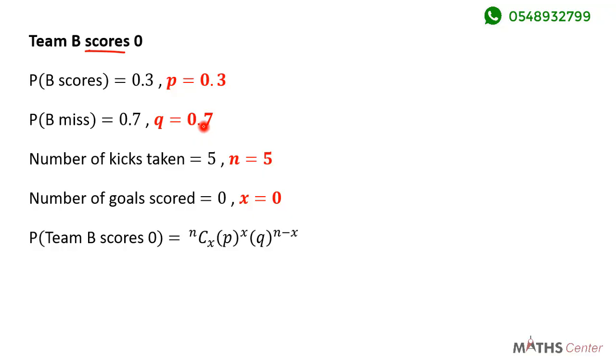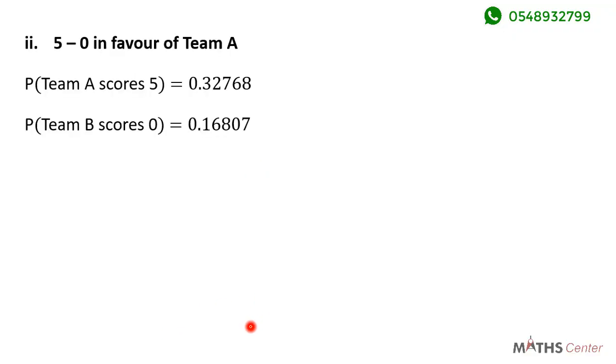So q is equal to 0.7. We have the values of p, q, n, and x. You substitute them in here. You have 5 combination 0, 0.3 exponent 0, 0.7 exponent 5. This gives us 0.16807.